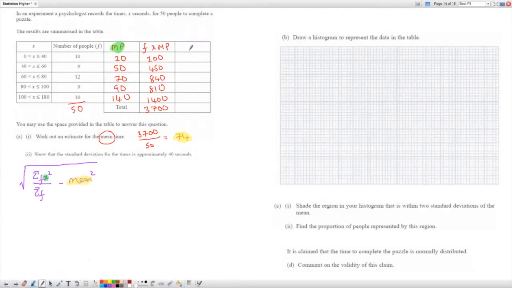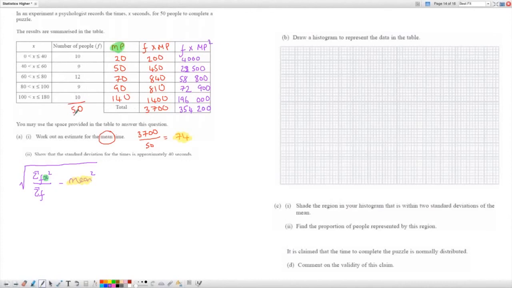So if we use our last column here to find the frequency times the midpoint squared, we then have the following values: 4,000, 22,500, and then the total 354,200.